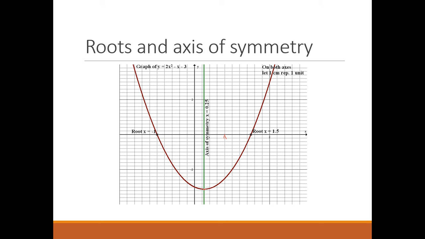And we know that the graph is continually going up. At this point, the graph will not go any lower than this point. It is increasing, it is going up.